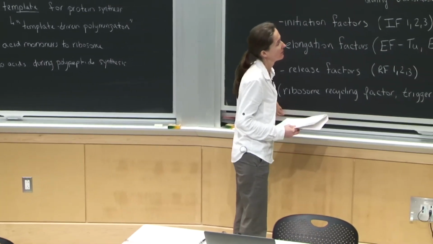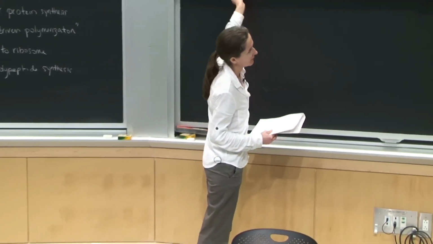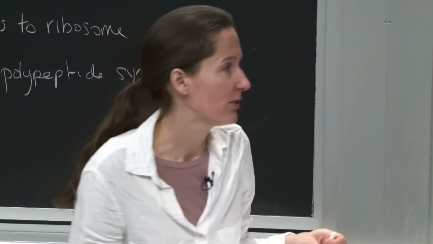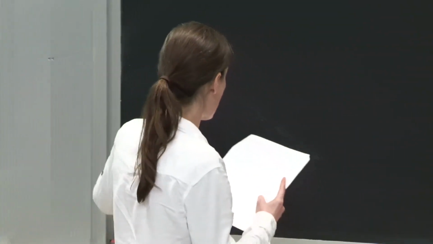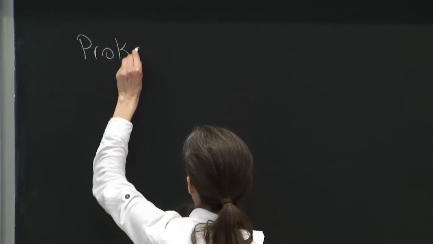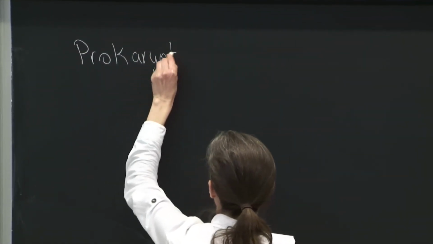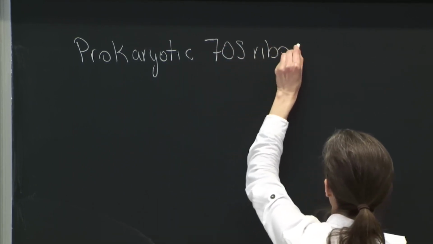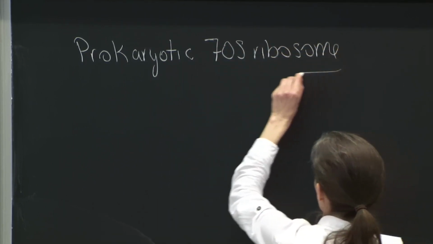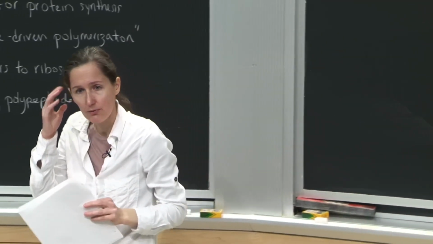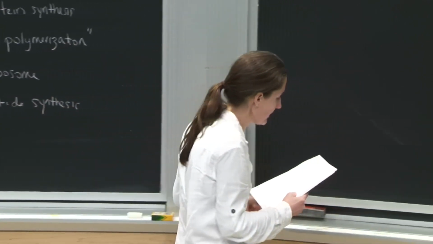So first, we'll do a cartoon overview of the prokaryotic 70S ribosome, and then we're going to look at some of the data from crystallography studies. Okay, so as I think we all know, the ribosome is comprised of RNA and proteins.